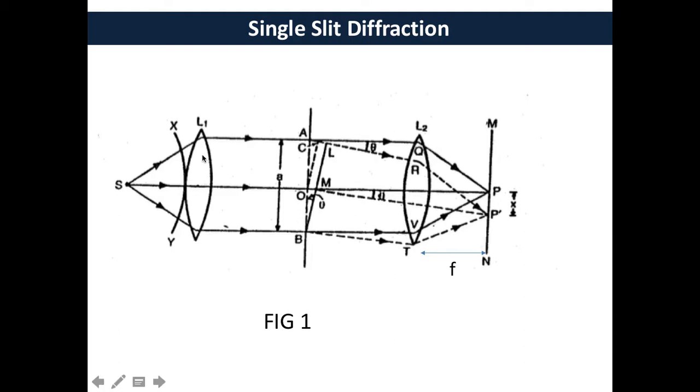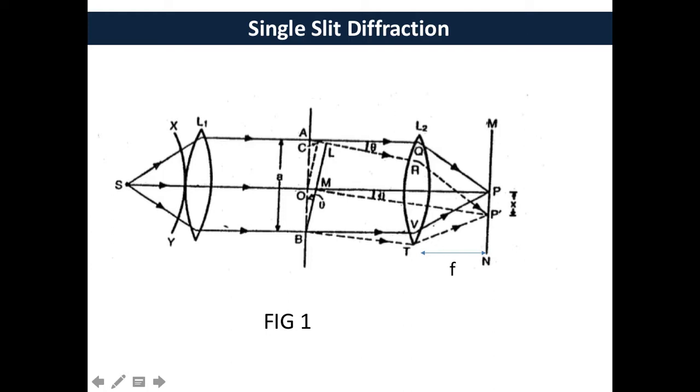Lens L1 is the collimating lens, and AB is the slit of width a.